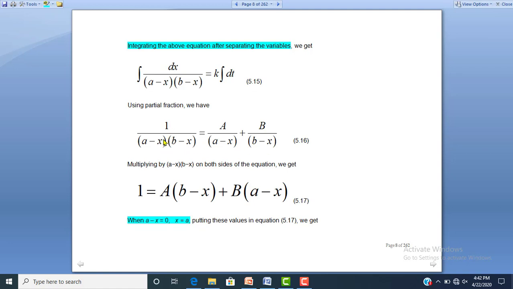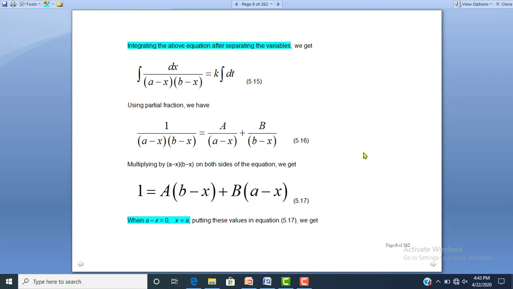This equation, 1 over (a minus x) into (b minus x) is equal to A over (a minus x) plus B over (b minus x), will be 5.16.